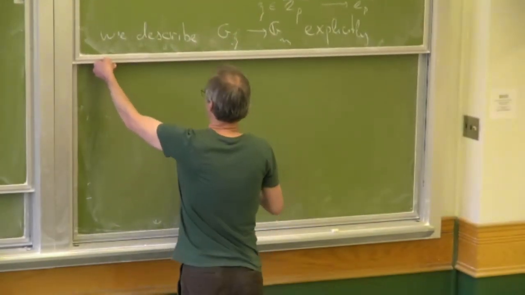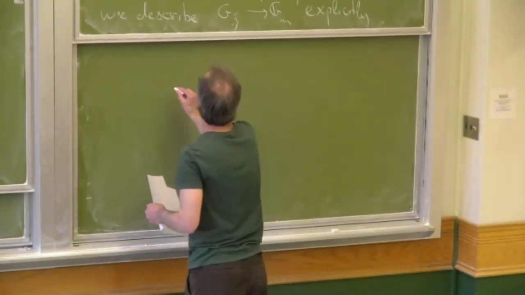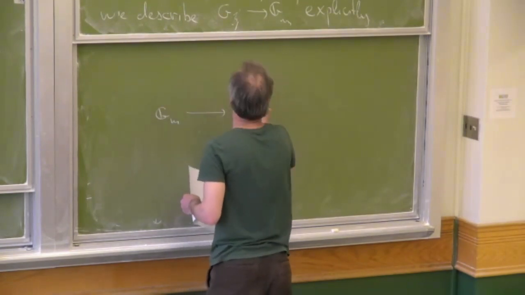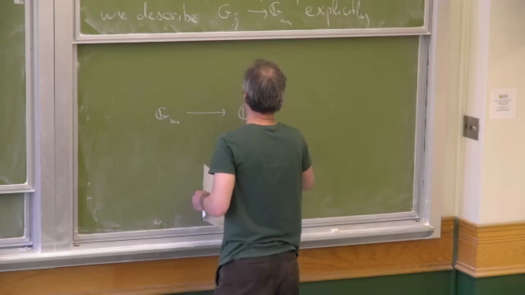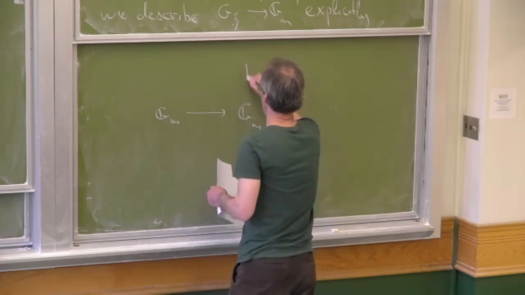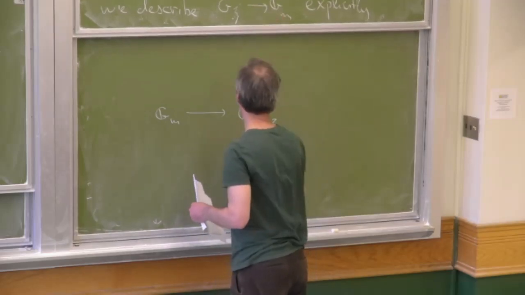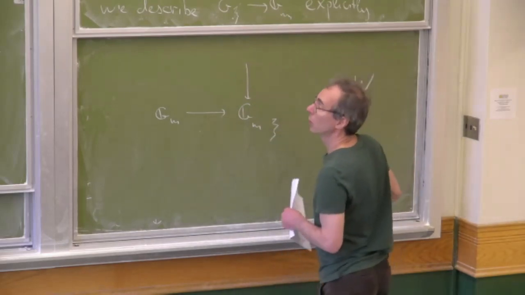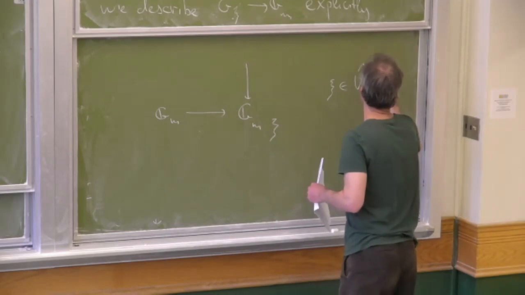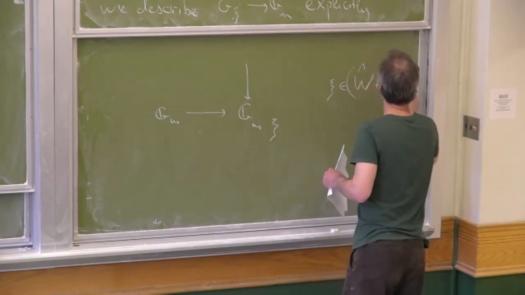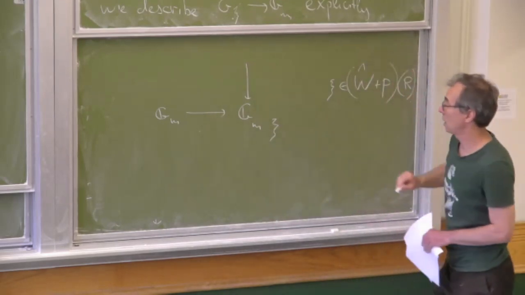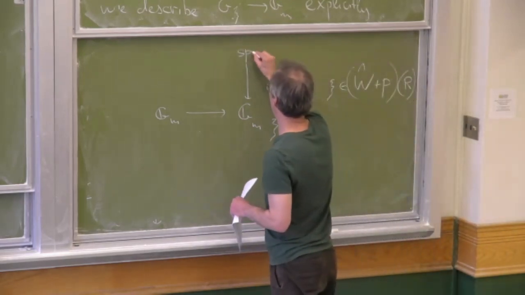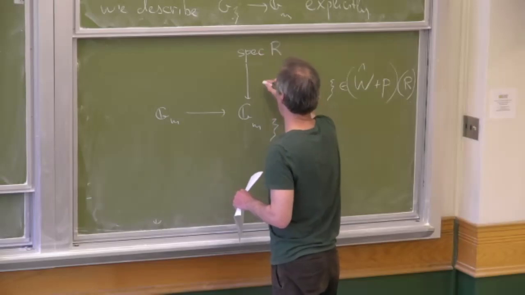We are computing G_m mapping to G_m,C, and everything happens over Spec R. I have a map from Spec R given by 1.